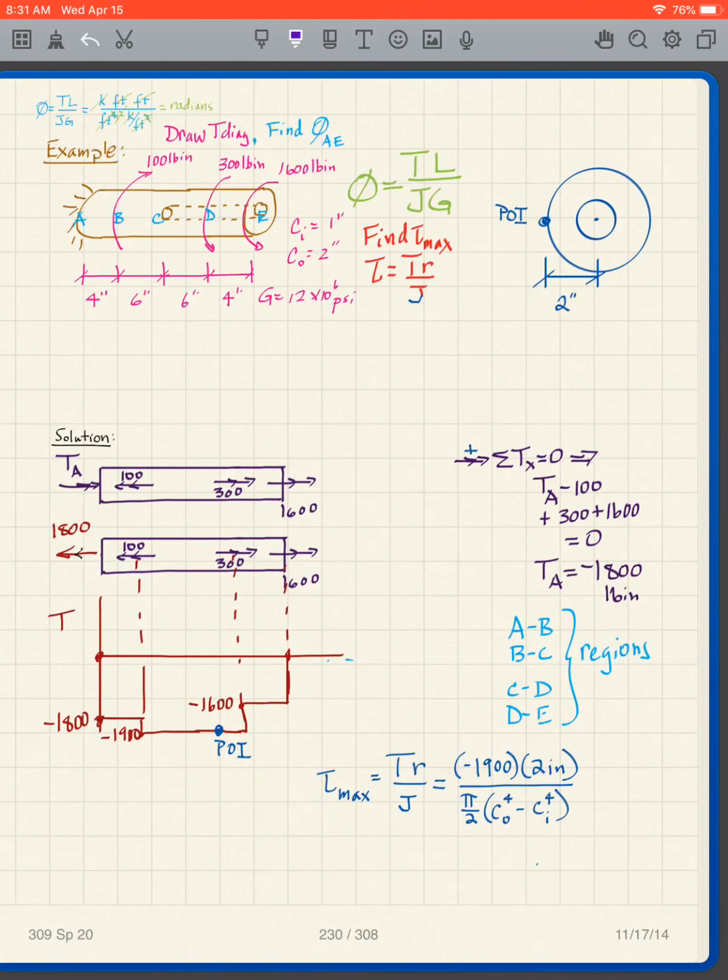And notice, before I flip the page here, that I have these regions for my shaft.